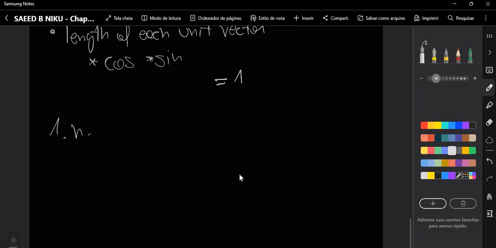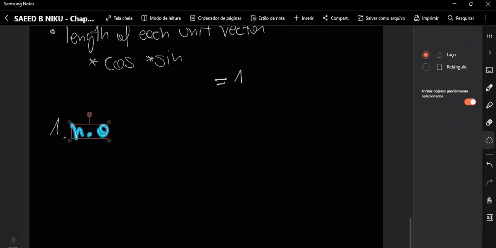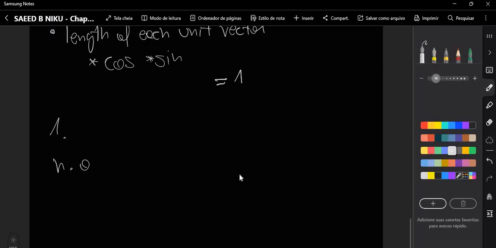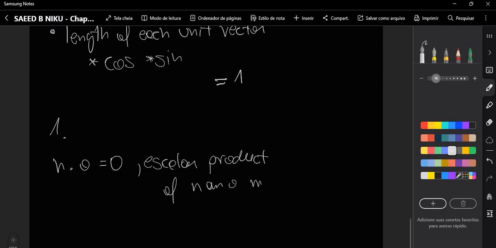The first is the scalar product, which is equal to 0. And we read it this way: the scalar product of n and O must be equal to 0.